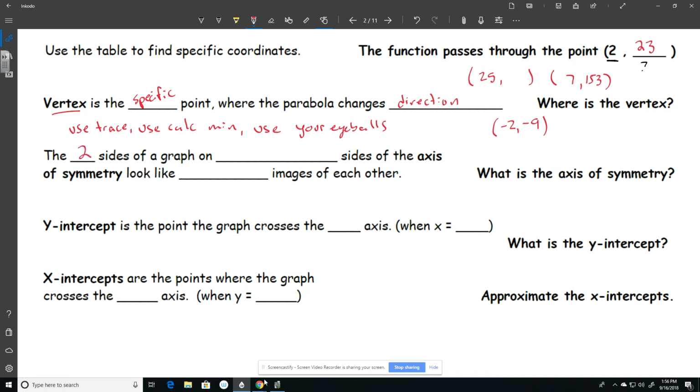Remember that the two sides of a graph on opposite sides of what's called the axis of symmetry look like mirror images of each other. So copy that down and hit play when you're ready to go again. So it wants us to find the axis of symmetry, which means that the two sides of the graph that are on the opposite sides of the axis look like a mirror.